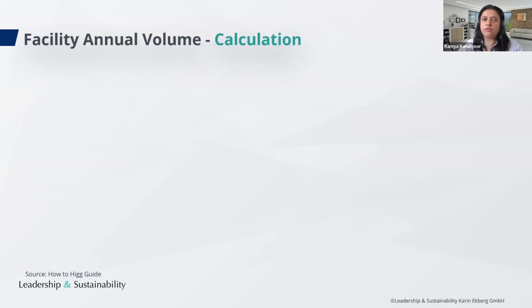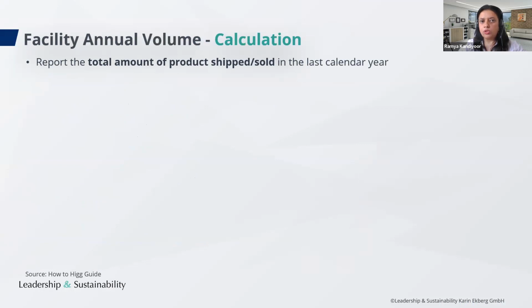Let me give you some examples on annual volume calculation. When we are reporting annual volume on the Higg FEM platform, we have to report the total amount of product shipped or sold in the last calendar year. This is on the basis of the invoices you raised from January to December.